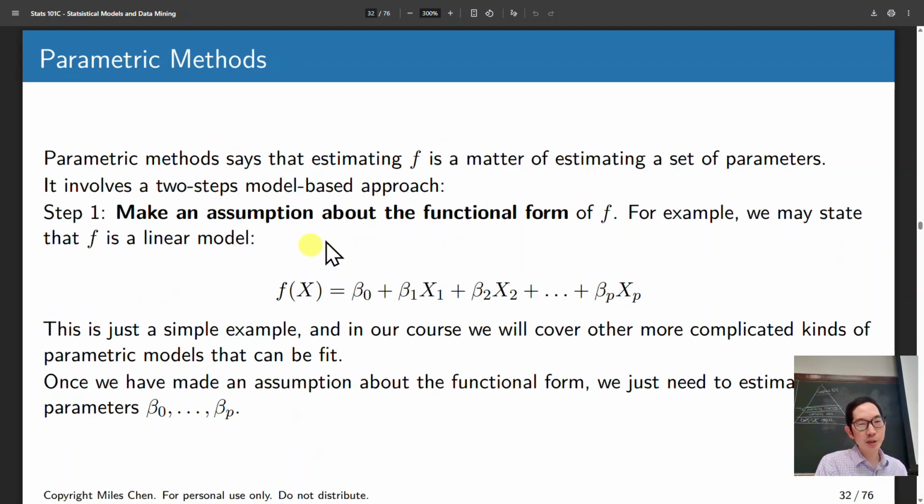As far as parametric methods go, we make an assumption about the form of the relationship, okay? So the basic parametric approach is the linear model. And we say, hey, we have a linear relationship between our input variables x and our output.